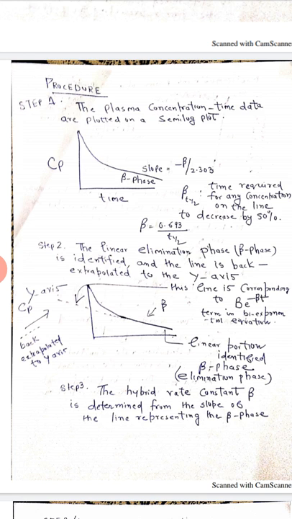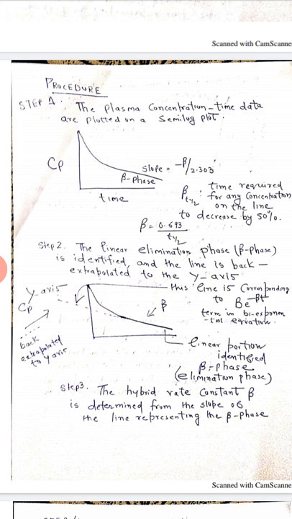You measure the plasma concentration using any sophisticated instrument, like HPLC. So you have to generate the data, that is time versus drug concentration data. What has been shown on the screen is plasma concentration time data plotted on the semi-log plot.